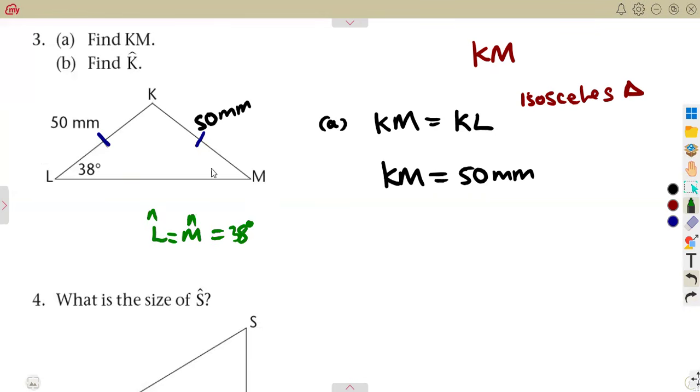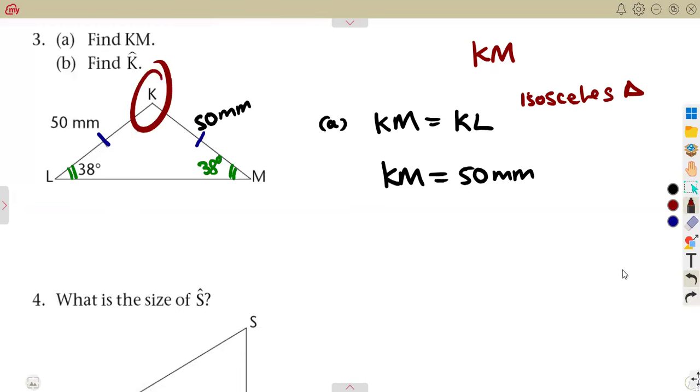So if these two are equal, it means there is 38 degrees there. By just knowing this, you are not calculating anything. This one is just to know. This angle here and this angle here must be equal, those that are opposite the sides which are equal. I talked about that in the introduction. Make sure you go through the video so that you understand that.